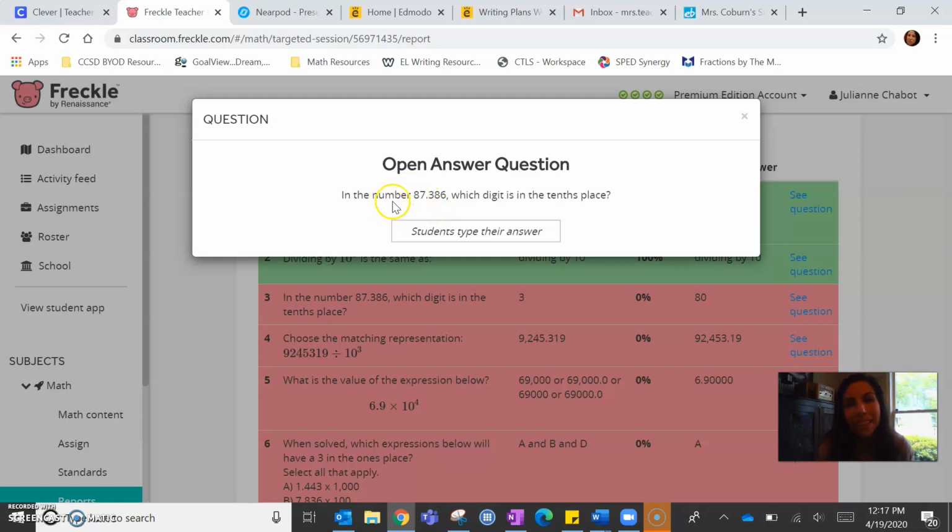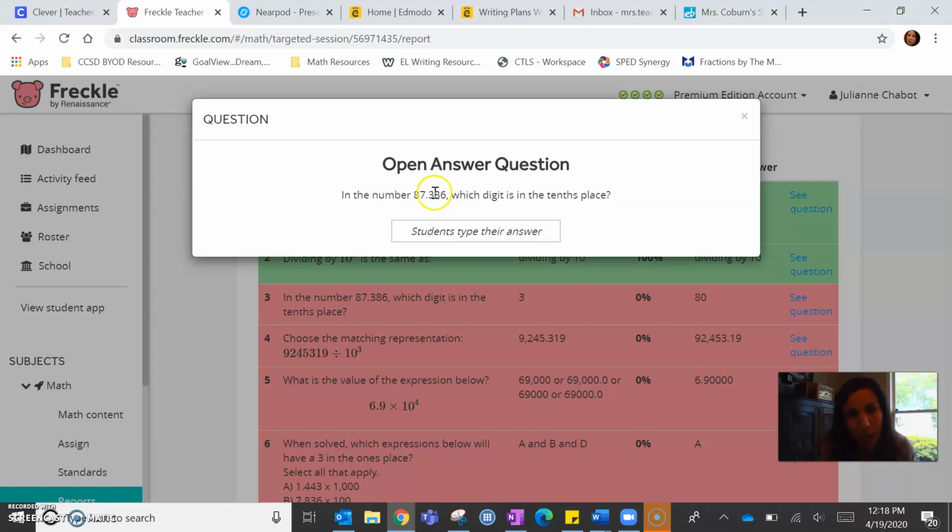Yes, there are 8 tens in the number, but that's not the tenths place. When we see that TH on the word, we know that it's going to be part of the decimal, the number that is the decimal piece.